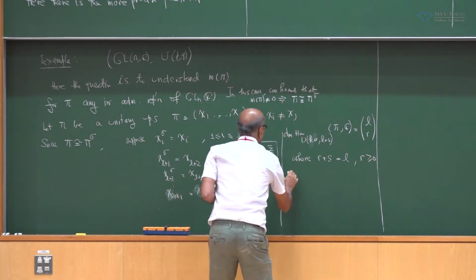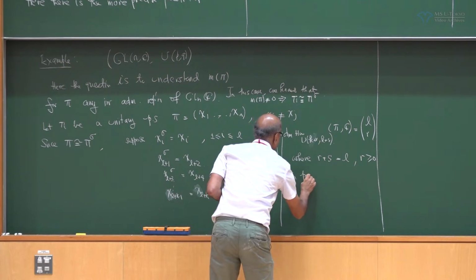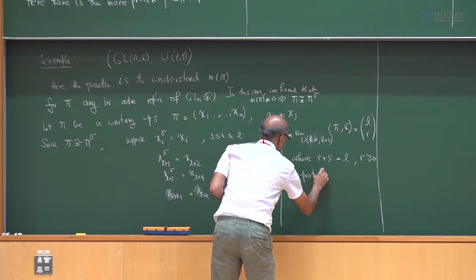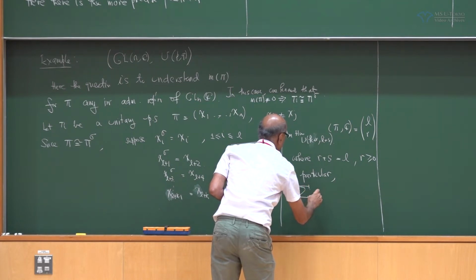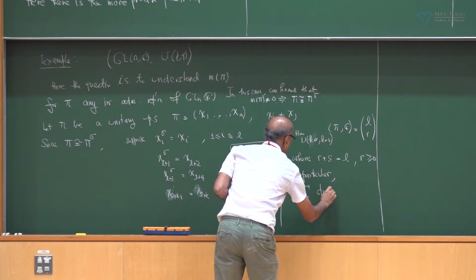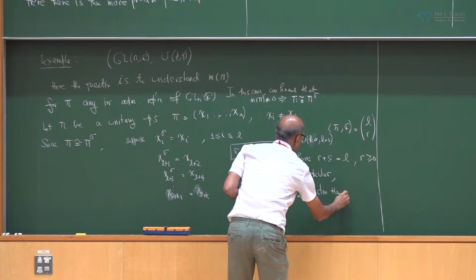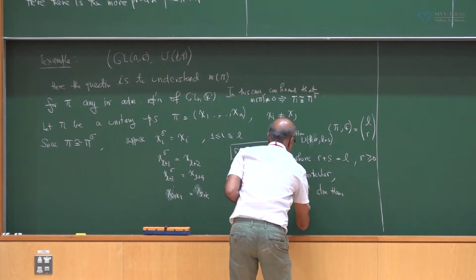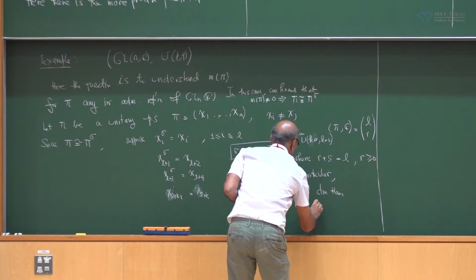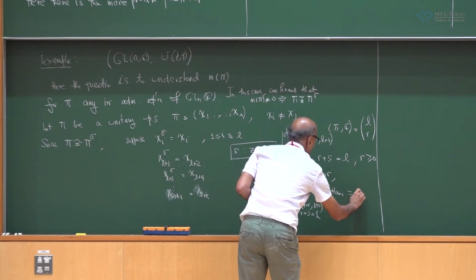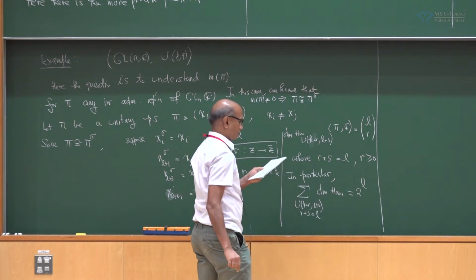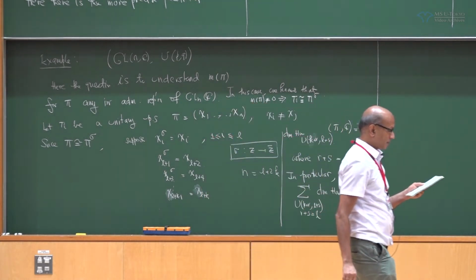So in particular, the sum of these multiplicities, of the Hom spaces over U(k+r, k+s) with r plus s equal to L, is equal to the sum of the binomial coefficients.